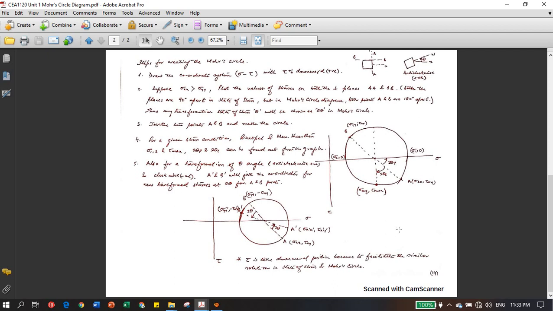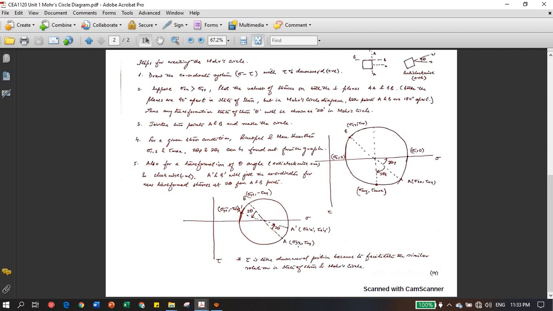This is very easy: you plot the points, join the line and draw the circle. You have to be careful in plotting to see whether it is tensile or compressive, and change the sign accordingly.